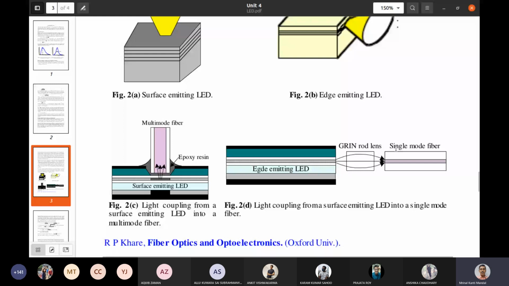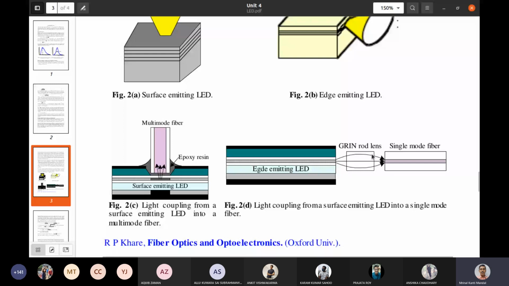When it is coupled to single mode fiber, this will be applicable for relatively long haul communication. Relatively long haul communication can be done by single mode fiber, as you know. So for that purpose it will be coupled by using the graded index rod lens.